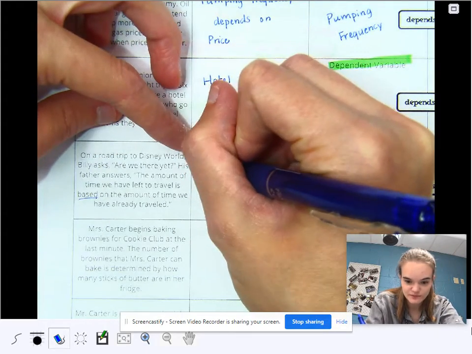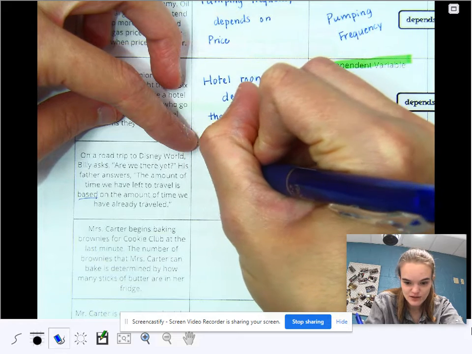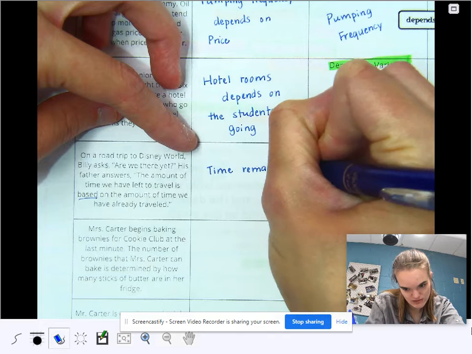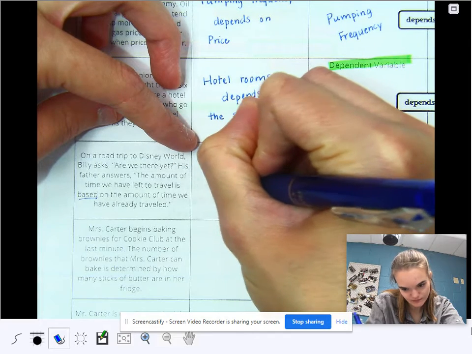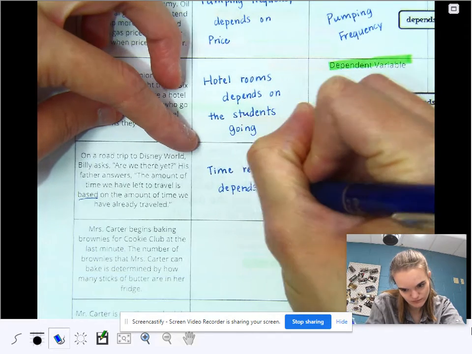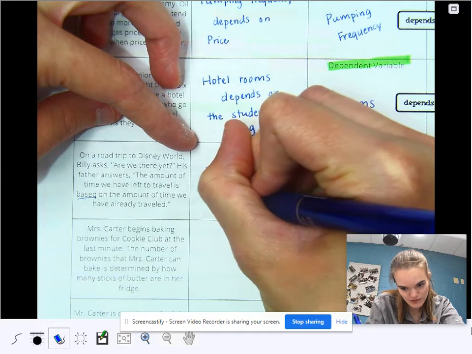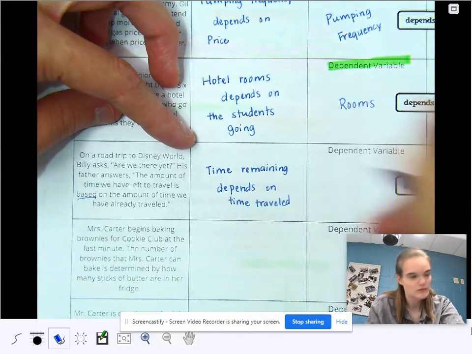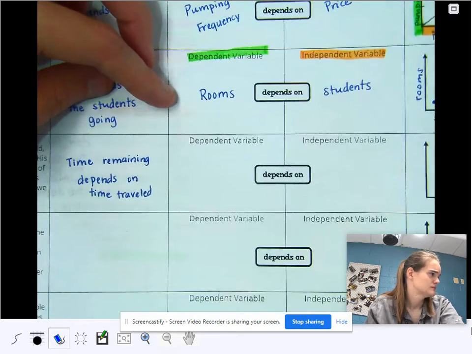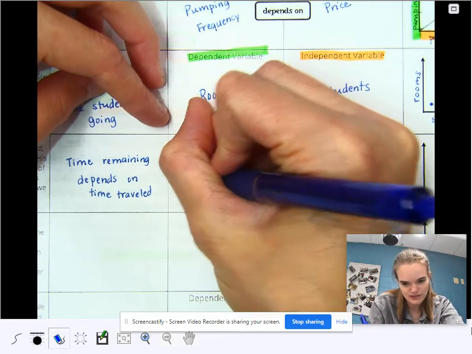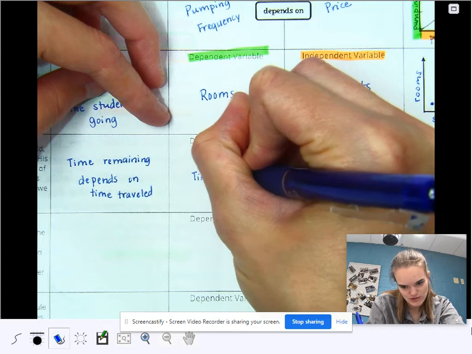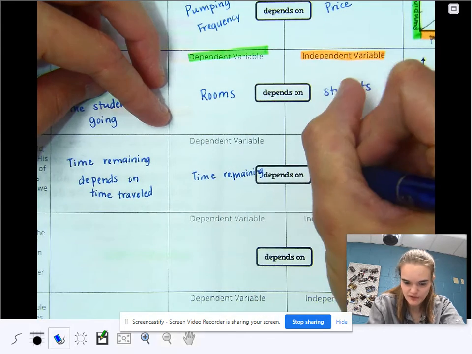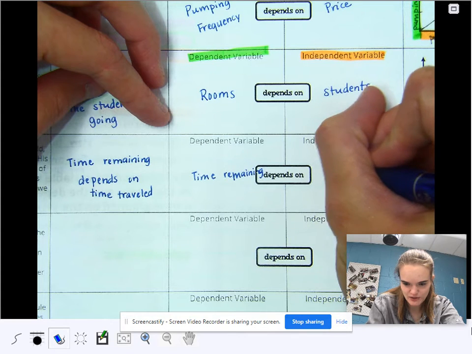So he said, time remaining depends on time traveled. Time remaining is the dependent variable because it depends on the time traveled, the independent variable.